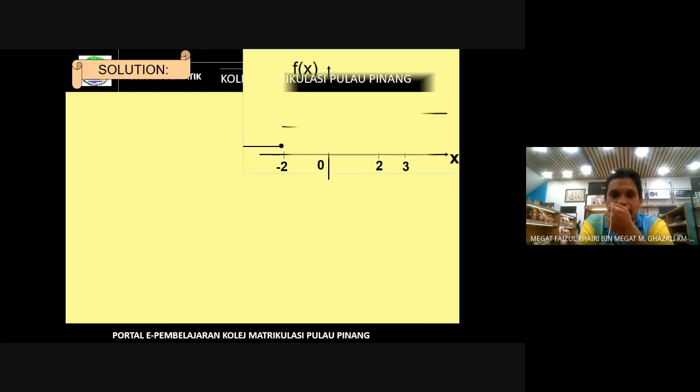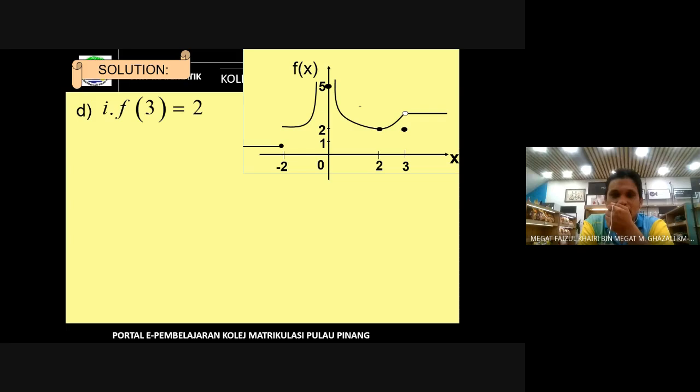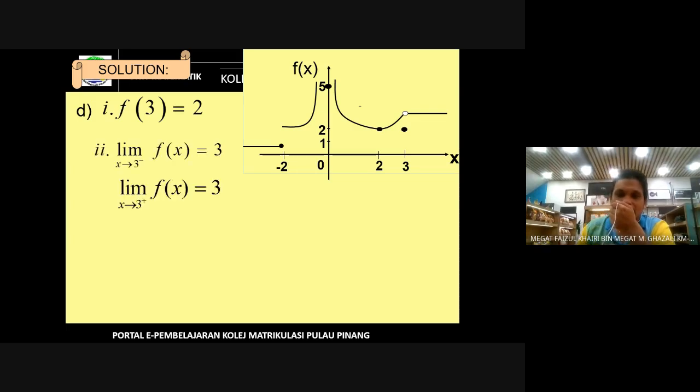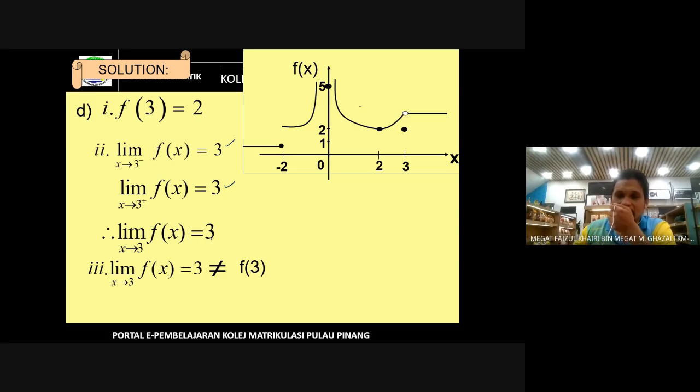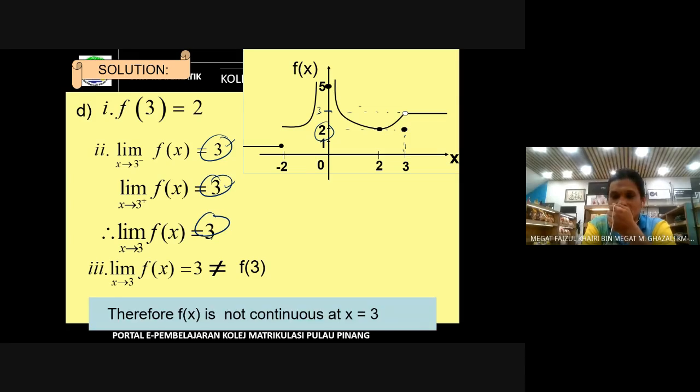Now when x approaches 3 from left and right, yes, the limit exists and equals 3. So the limit as x approaches 3 is also 3 here. But when x is exactly equal to 3, then y equals 2, not 3 as the one here. So then they are not continuous at x equal to 3.